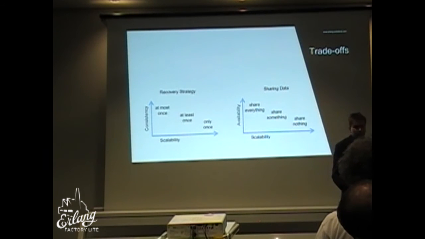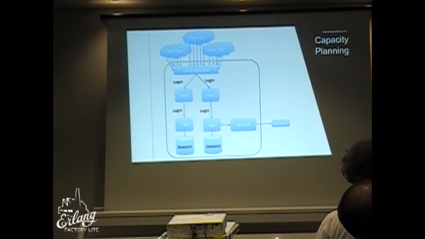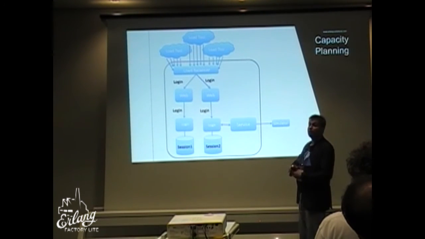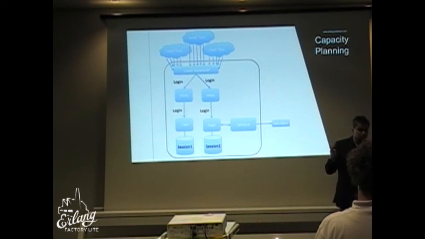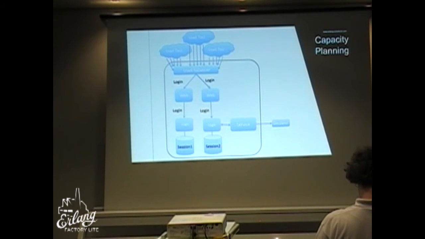And so this is the point where in your capacity planning, you start stress testing your system. You start stress testing your system for two reasons. One is to make sure it's stable, to make sure it can handle the load, to optimize and get rid of bottlenecks.